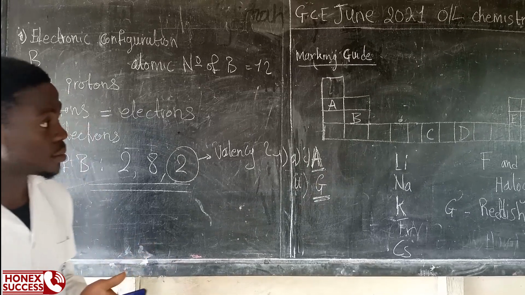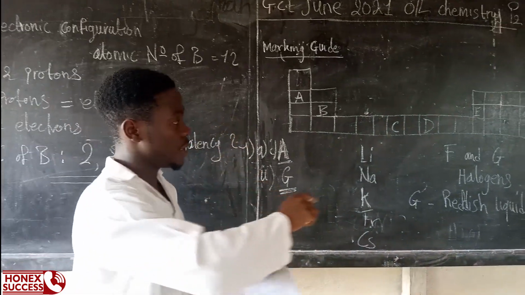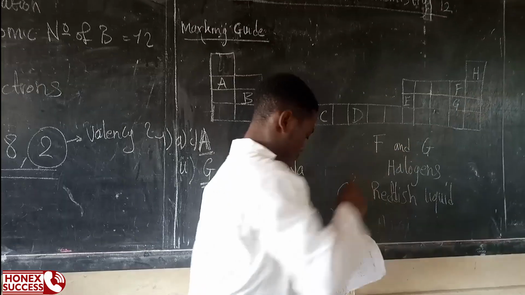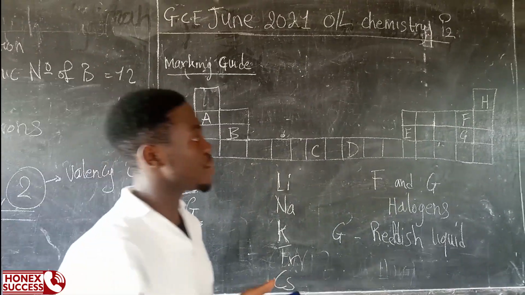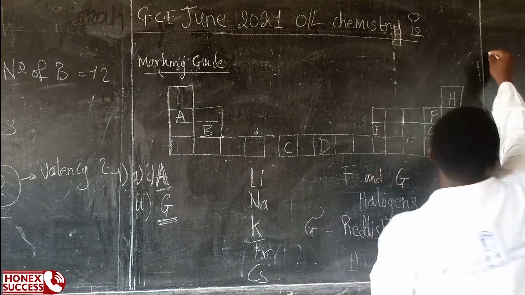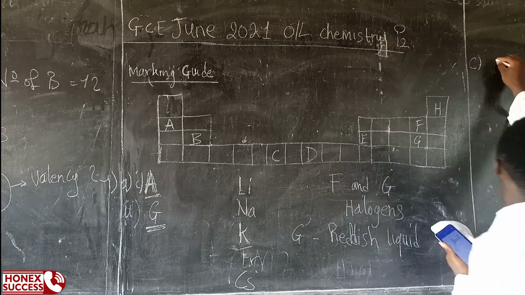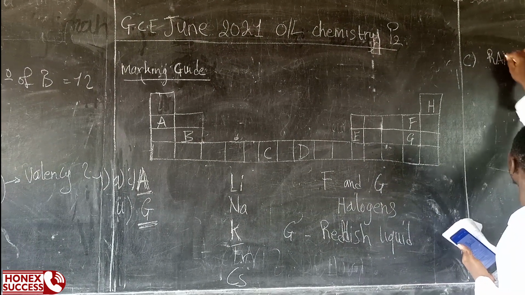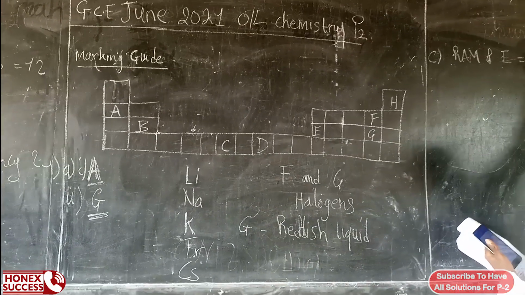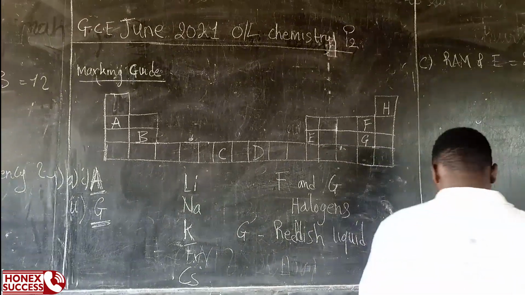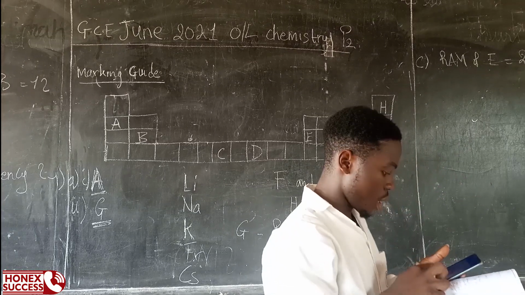Question C reads, the element E, we are now with the element E. The element E has a relative atomic mass. So, as you see, the relative atomic mass, that is the RAM of E, was given as 27.